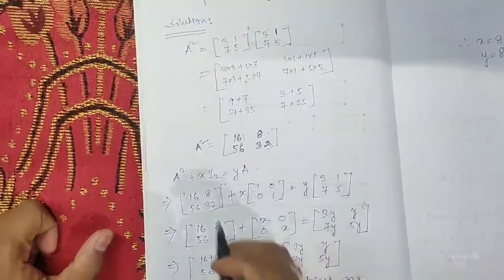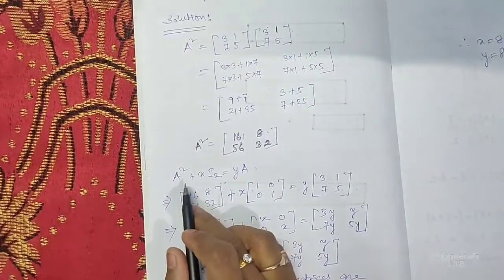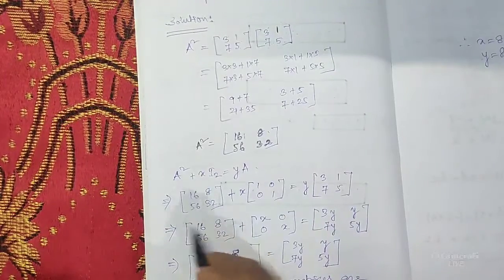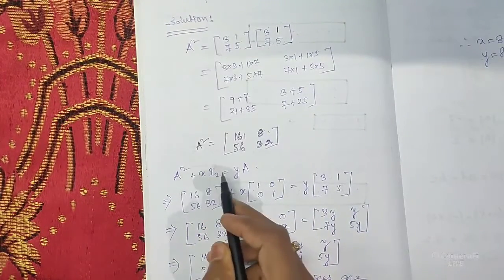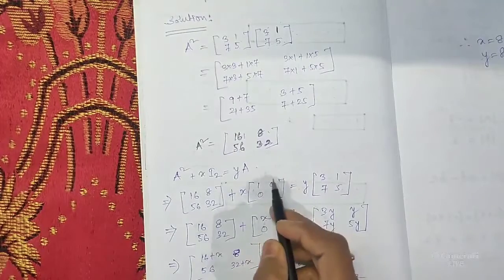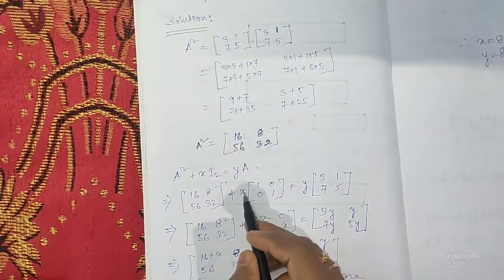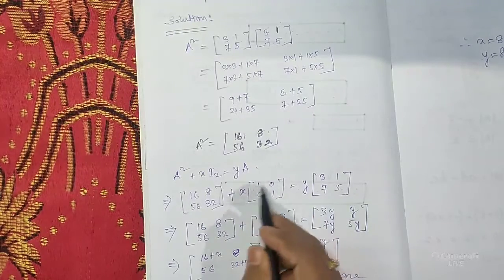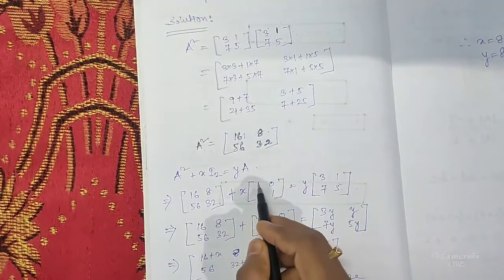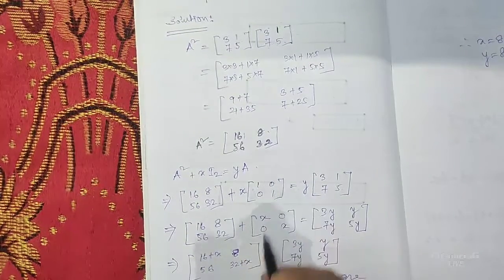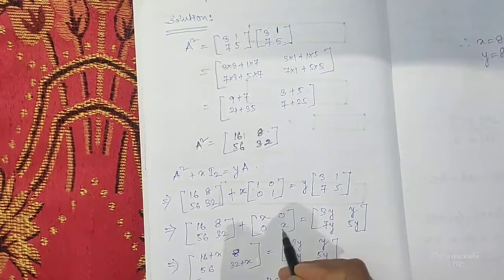Now the condition given is A square plus xI2 equals yA. A square value we know, x into I2. I2 means identity matrix of order 2, so [1 0; 0 1]. Now x is a scalar, so we can do scalar multiplication. x into 1 is x, x into 0 is 0, x into 0 is 0, x into 1 is x. So [x 0; 0 x].